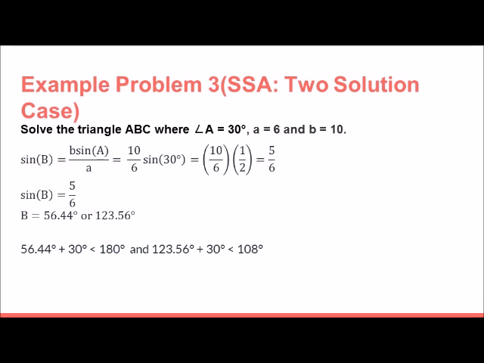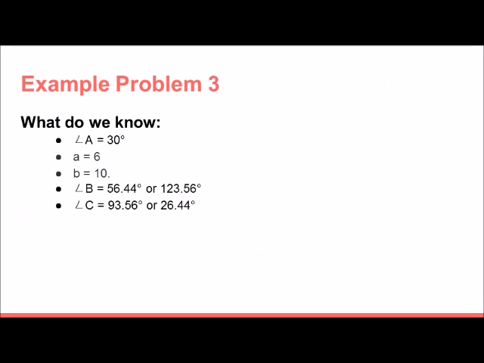With our knowledge of the sums of angles of triangles, we can determine that both of these angles are candidates for angle B. So going back to what we know, angle A equals 30 degrees, side a equals 6, side b equals 10, and we just solved for angle B, which is either 56.44 degrees or 123.56 degrees. With a little arithmetic we can solve for our angle C, which would be either 93.56 degrees or 26.44 degrees.